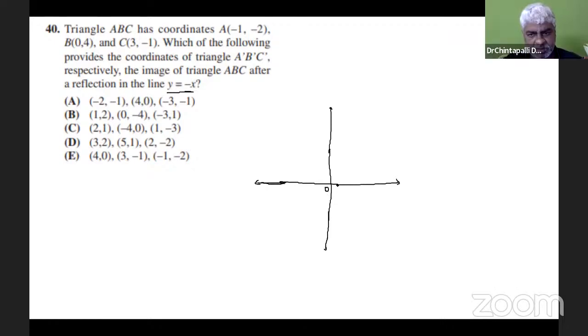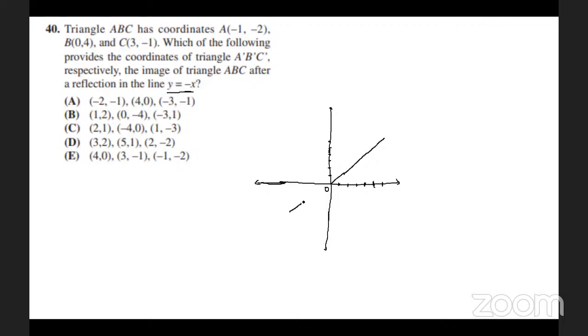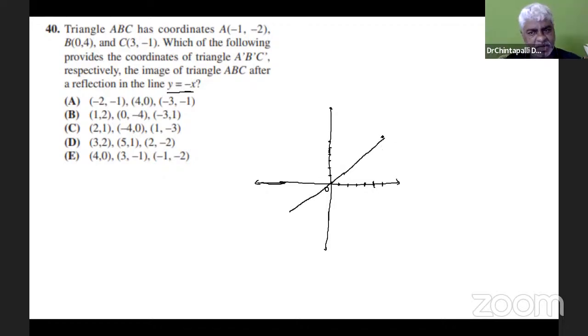See, 0, 1, 2, 3, 4, 5, 6. This is y equal to x, right? Imagine this line is a mirror.